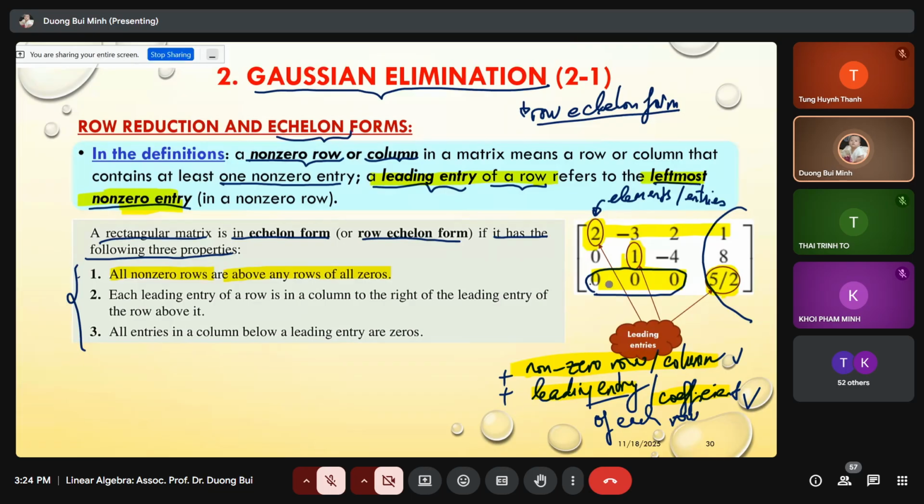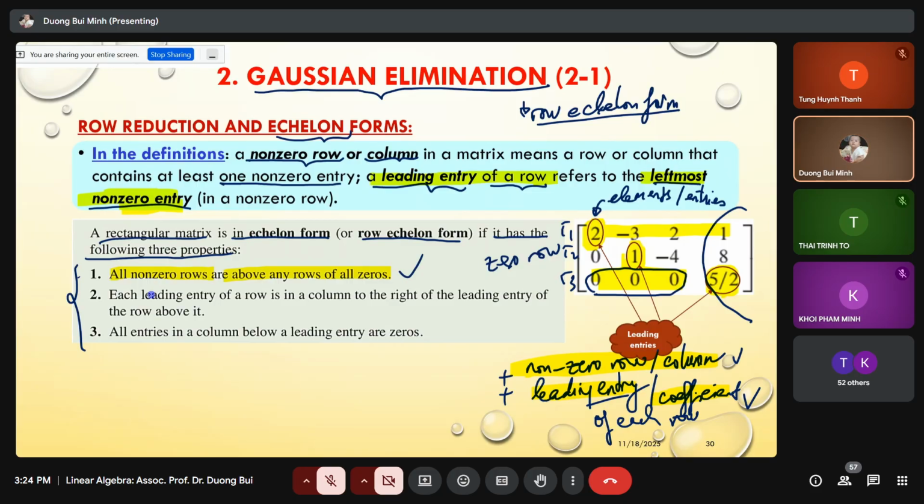This is a zero row. Why? Because all entries are zero. So all non-zero rows, that means R1, R2, and R3. So row 1 and row 2 are above R3. They are non-zero rows, certified.